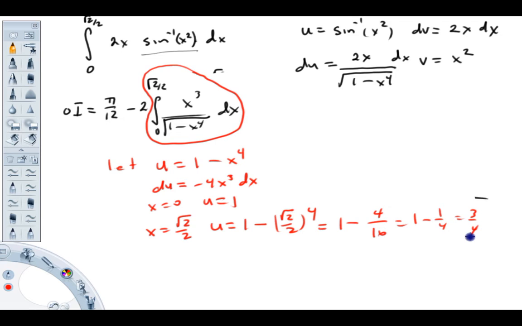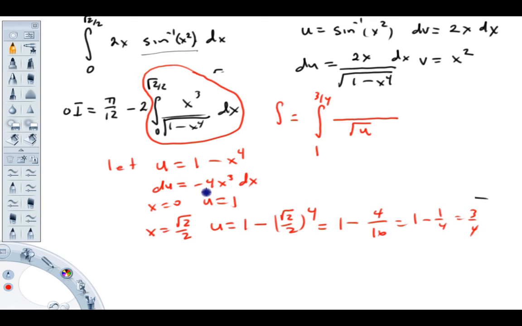All right. So now, this integral I've circled in red is equal to the integral from 1 to 3/4 of square root of 1 minus x to the fourth, which can be written as square root of u.